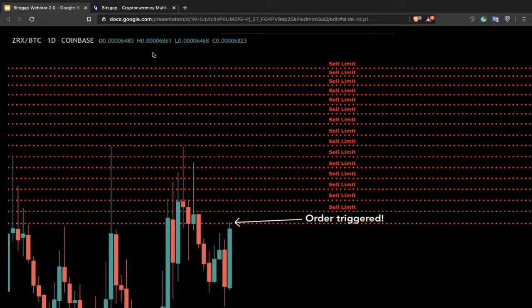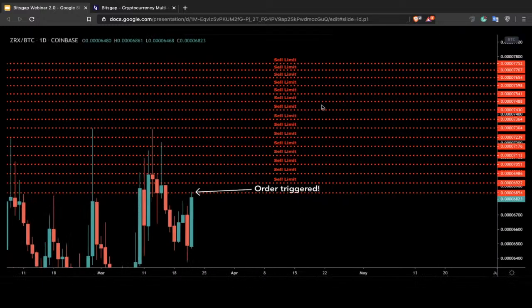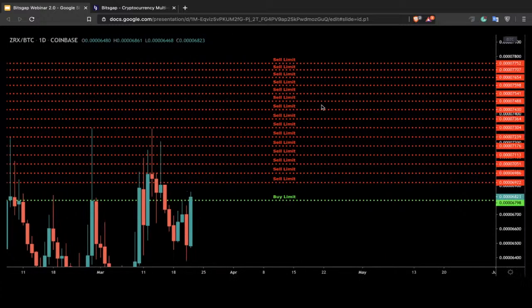So let's say we want to initiate the bot having only the sell side. So in this case, as soon as the price triggers the sell limit, it's gonna place the buy limit order right below, maintaining the grid spacing.